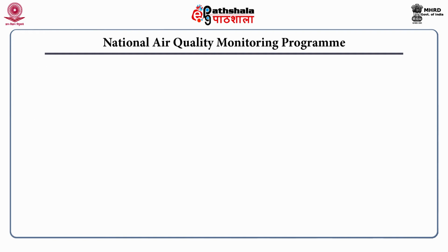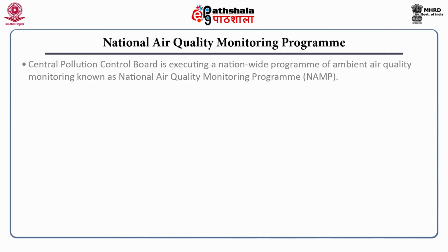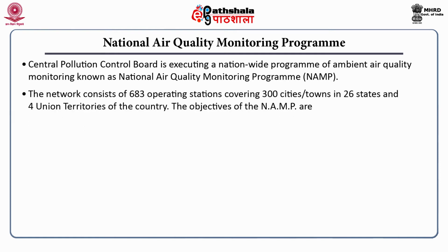National Air Quality Monitoring Program. The Central Pollution Control Board is executing a nationwide program of ambient air quality monitoring known as the National Air Quality Monitoring Program. The network consists of 683 operating stations covering 300 cities or towns in 26 states and 4 union territories of the country.